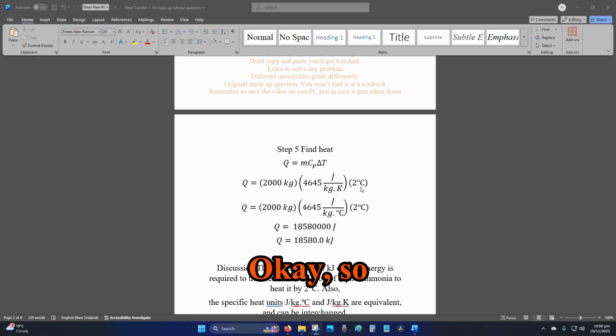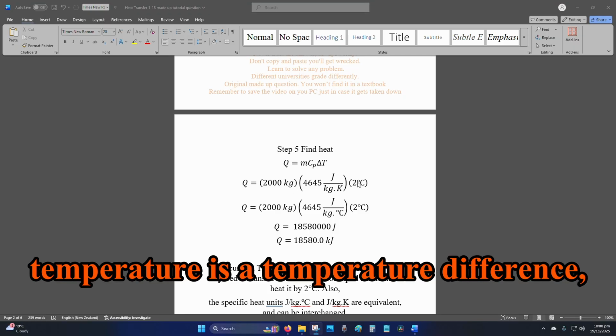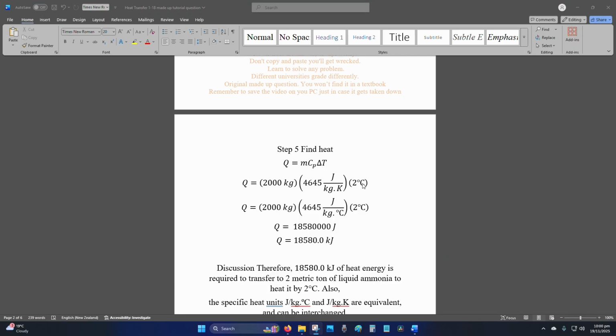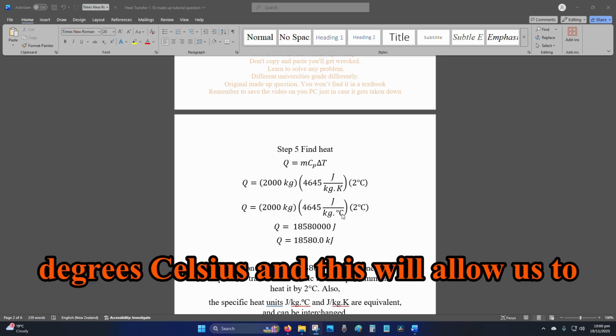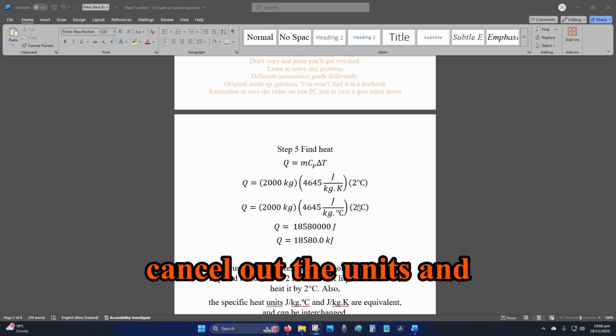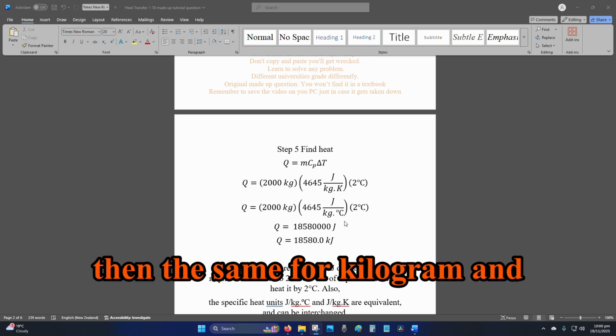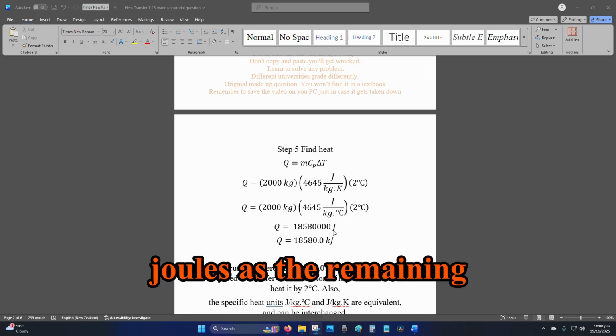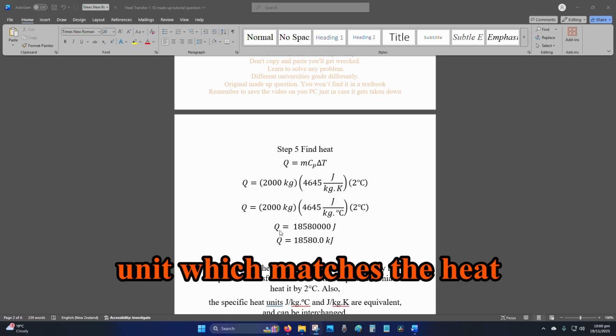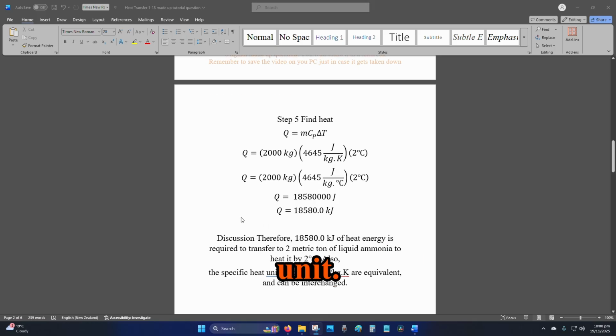Since the temperature is a temperature difference, we can interchange the Kelvin with degrees Celsius, and this will allow us to cancel out the units. And then the same for kilogram and the mass kilogram as well. So that gives you joules as the remaining unit, which matches the heat unit.